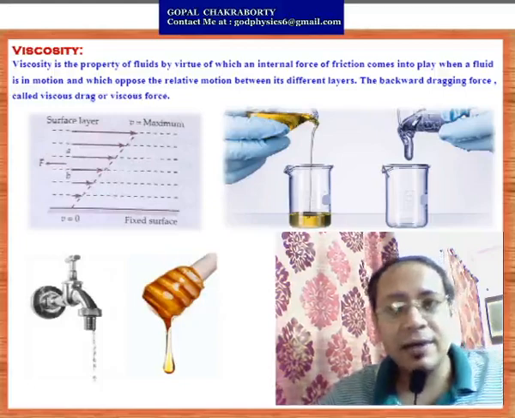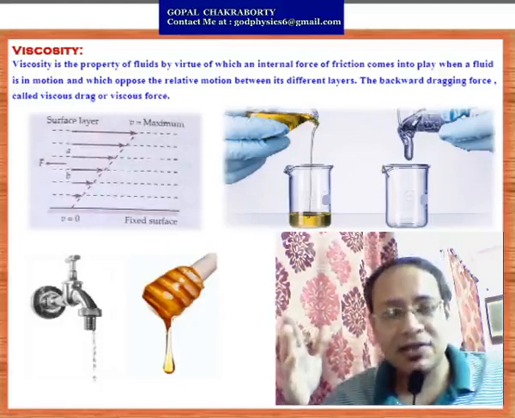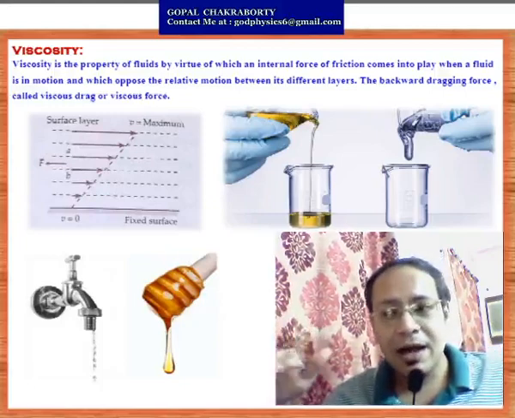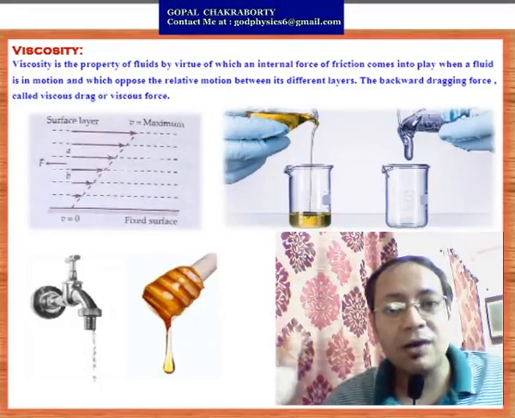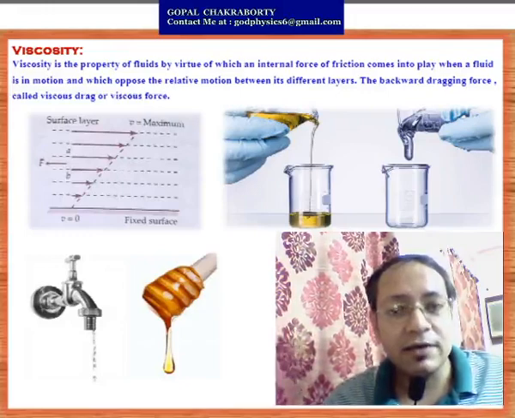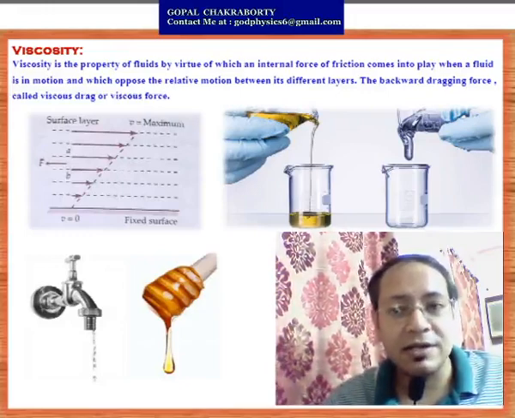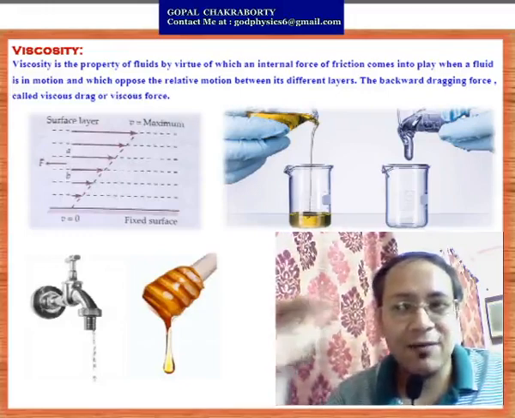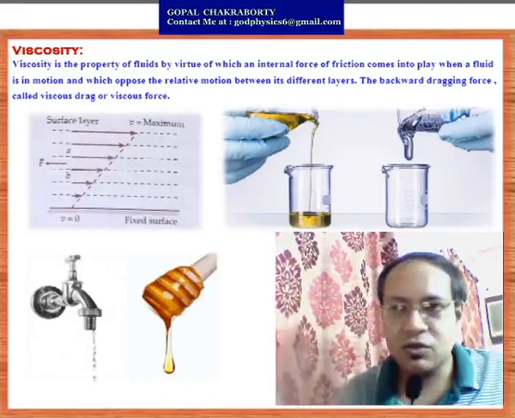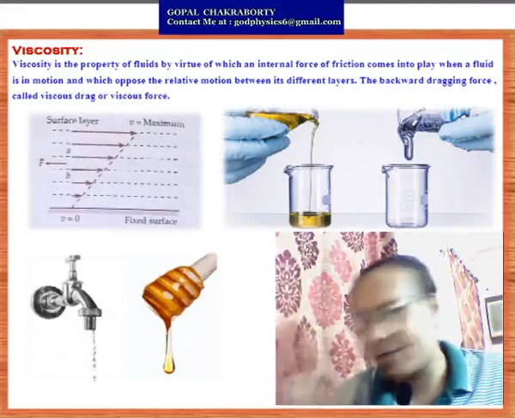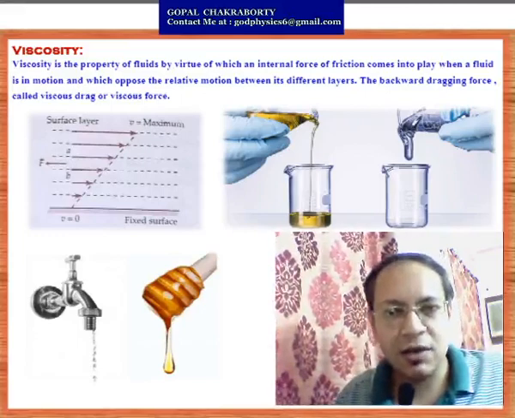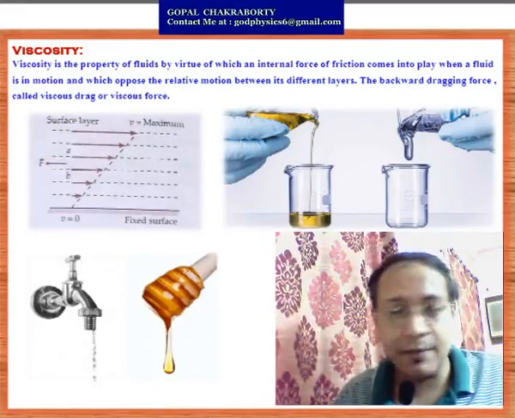Here in the diagram you can see flowing water or some liquid flowing with a particular velocity. You can consider that a layer of water is flowing. The lower surface tries to drag the upper surface in the direction opposite to the direction of motion of the upper surface.